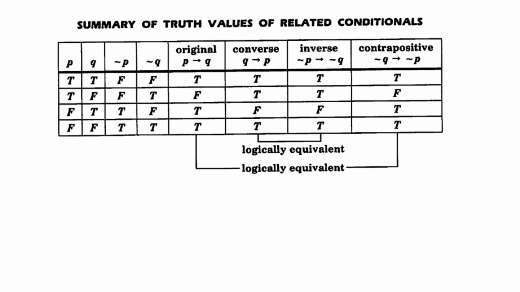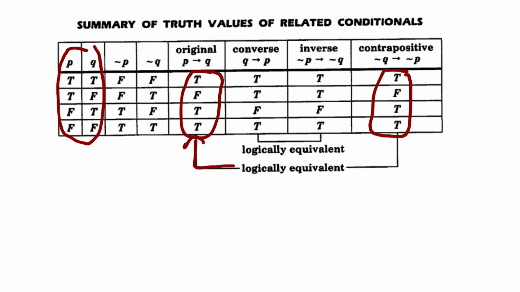If you look here at the truth table, for every combination of P and Q, if you look at the truth table for the original, the converse, the inverse, and the contrapositive, only the contrapositive has exactly the same truth values as the original. The other two don't. So there could be situations where the original is true, but the converse is false, or when the original is false and the converse is true.